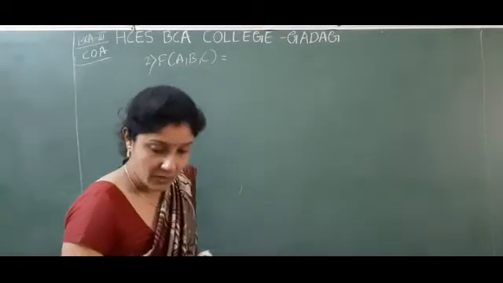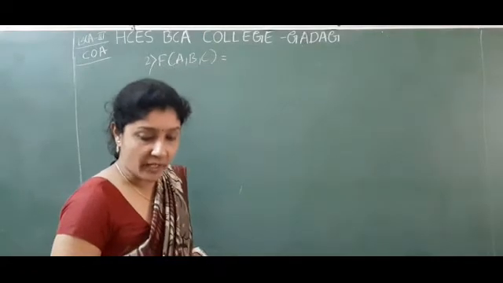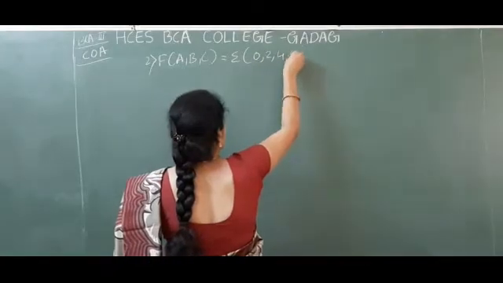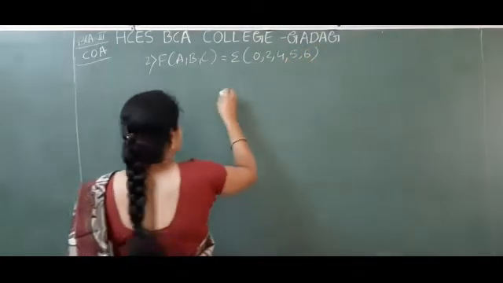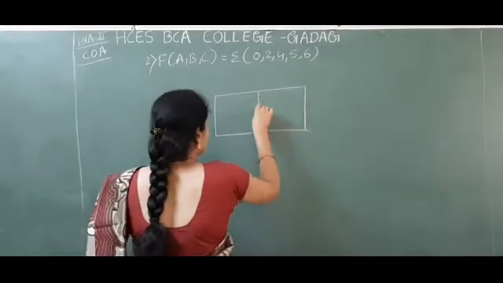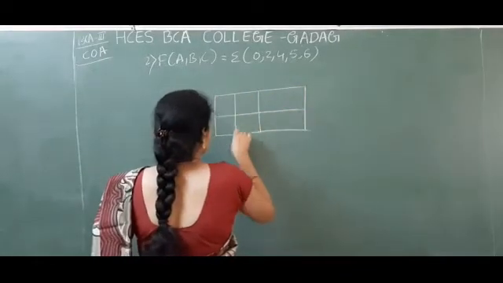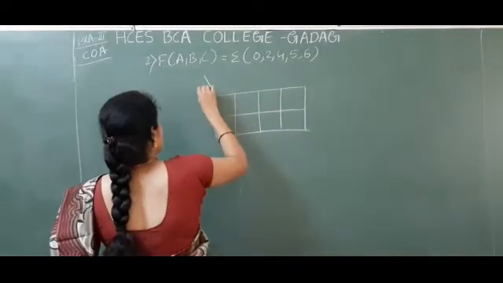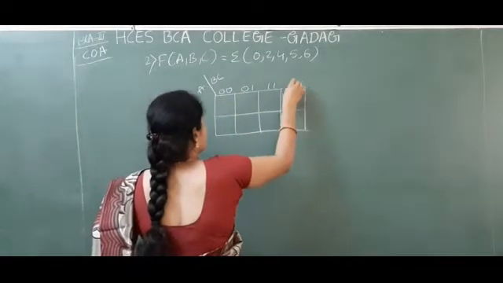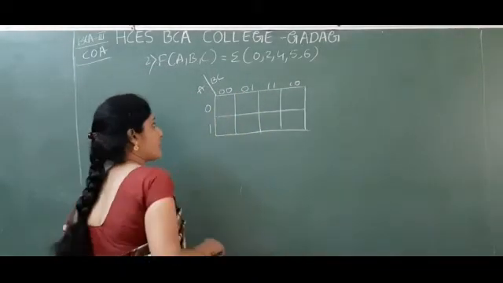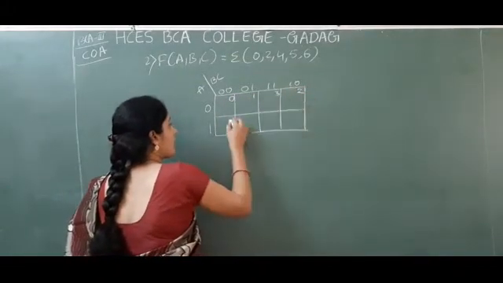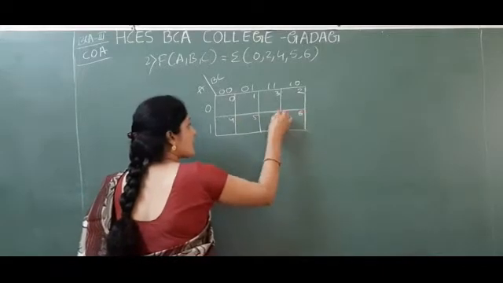Now, next one is 0 2 4 5 6. Okay. So 0, 1, 2, 3, 4, 5, 6, 7.